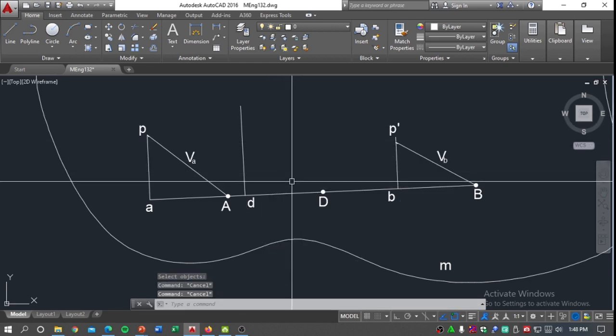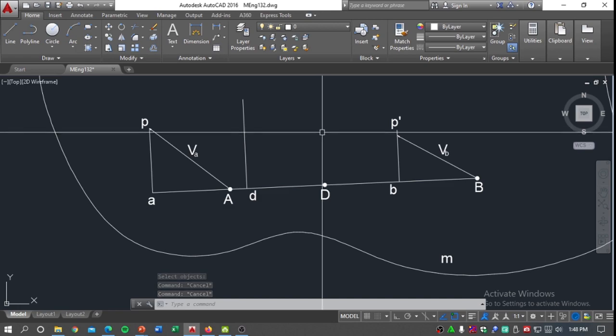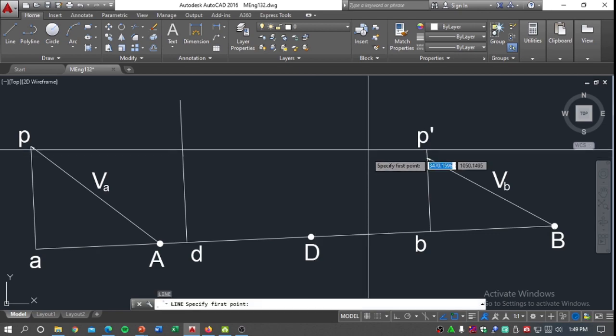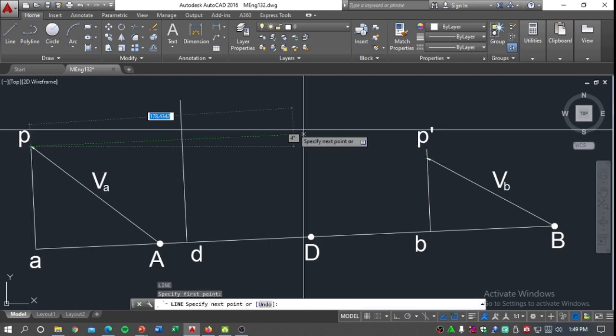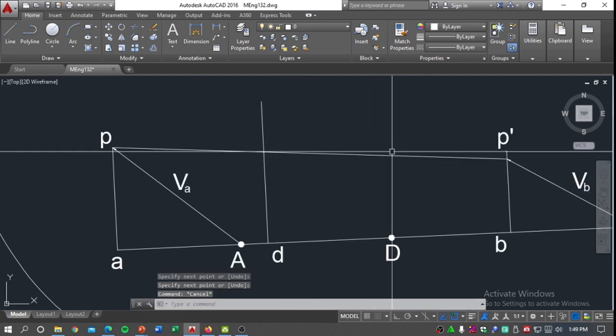So we now know the first component of the velocity vector for D. However, the other component for this velocity vector is still unknown. So how should we get this component? What we're gonna do is to connect a line between point P and point P prime.